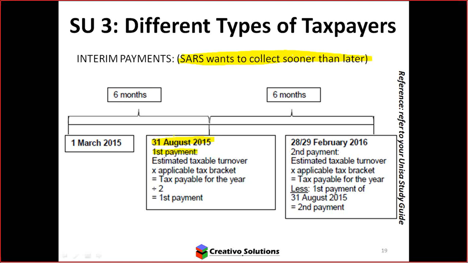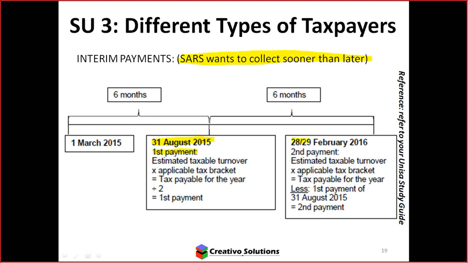It's worked out on your estimated taxable turnover times the applicable rate. So depending on whether you're an SBC or a company, your payment is going to vary depending on what you're declaring, your turnover. But we'll look at that in terms of examples.